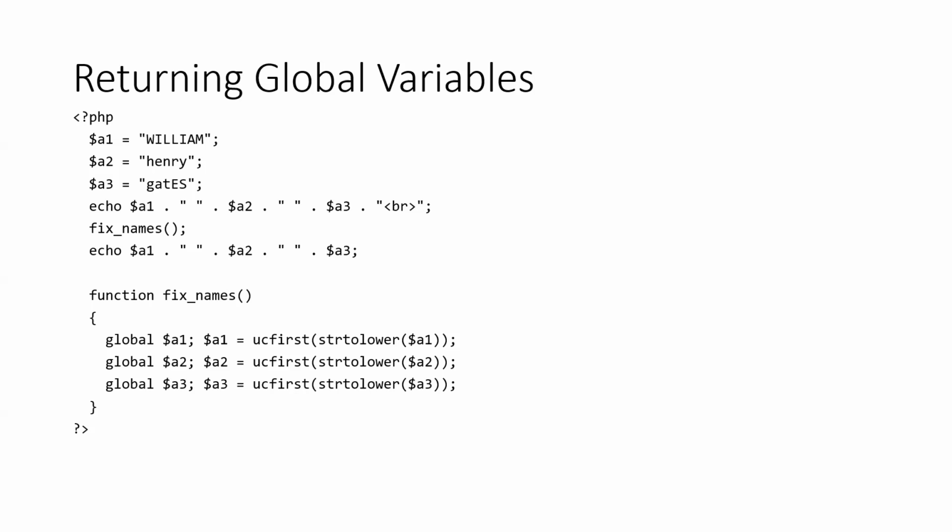In that case, make sure you define A1, A2, A3 as global variables. To define your variables as global, we use the global keyword. You can see here, within the function fixnames, we define the three variables A1, A2, and A3 as global, so that now you can access the values outside. Otherwise, even if you use the same names, whatever you have outside and inside, they are treated as different values.